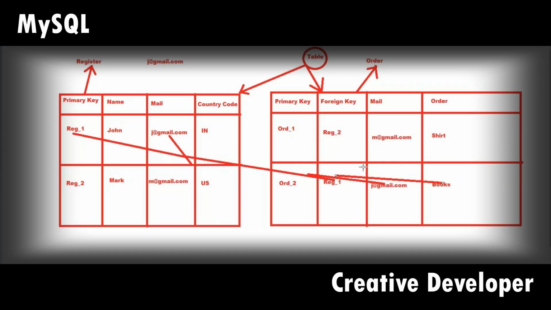Now guys, I hope you understood the primary key, foreign key and the table concept. In a particular website or software we have multiple tables. The table is how we store our data, the format in which we store it.